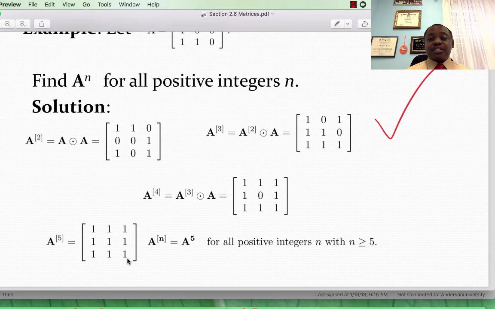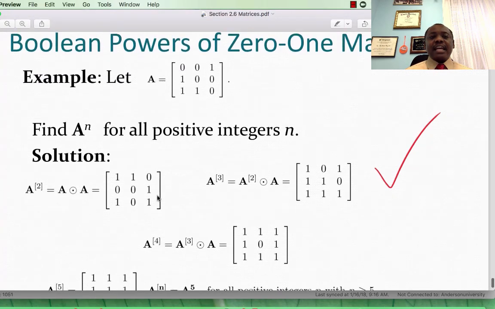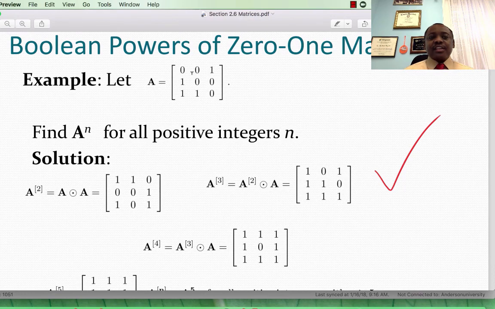In other words, for every positive integer n greater than or equal to 5, A raised to the power n, square brackets, never forget the square brackets, would just be 1, 1, 1, 1, 1, 1, 1, 1, 1, and then A squared is this, A cubed is that, A to the 4 is that, and A is right here. So that will be A^[n] for all positive integers n.